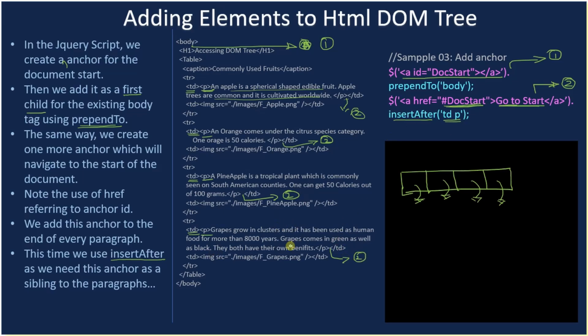So insertAfter P, this will be the new sibling for each paragraph that is found inside the document, right? So we added element 2 four times on this existing document. If it has some 20 paragraphs, the go to start will be added 20 times.